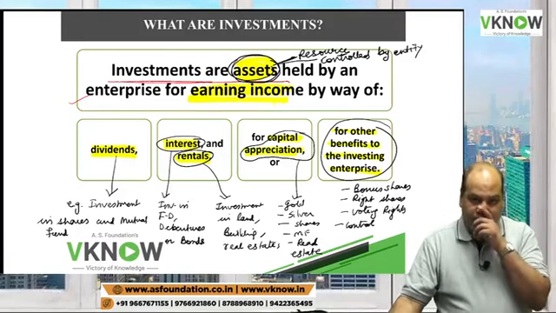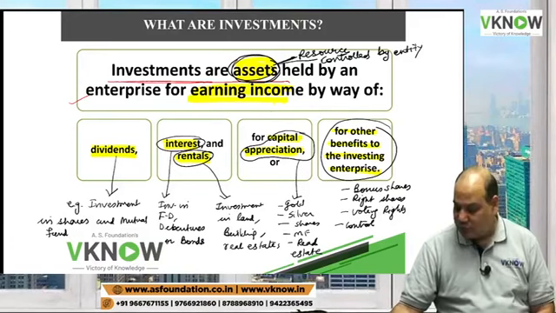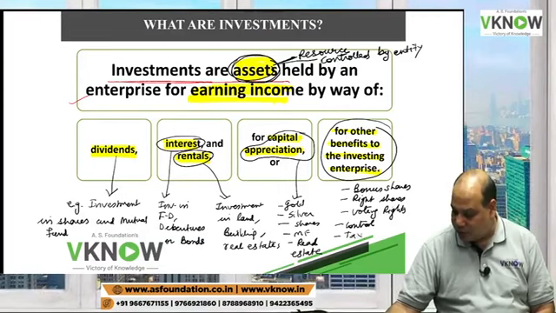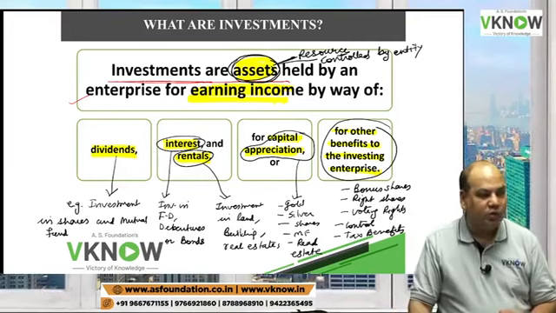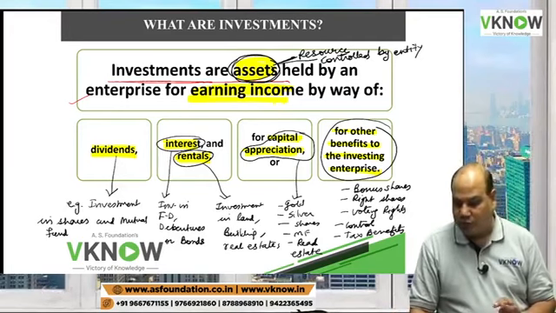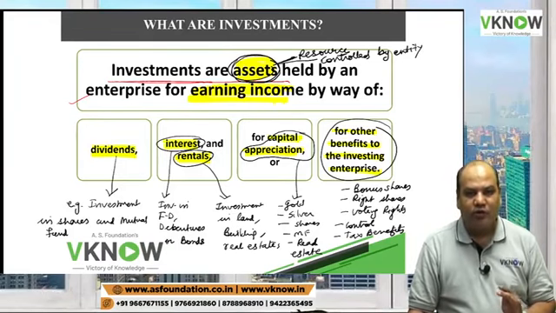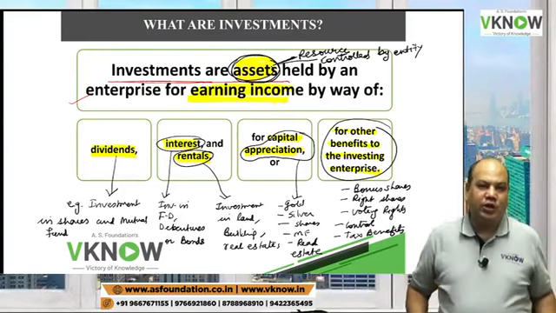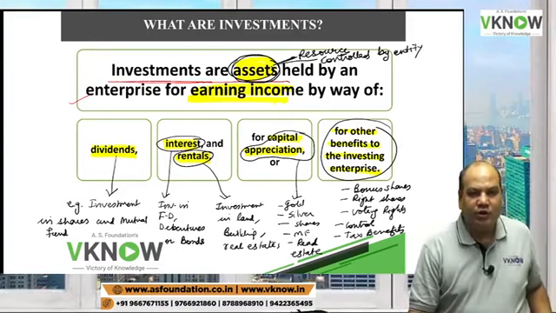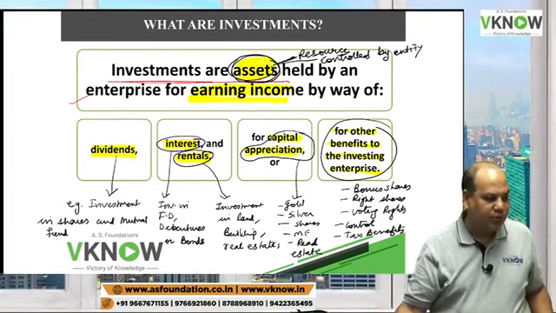So these are other benefits of holding the investment. There are tax benefits too. So let us revise. The purpose of holding investment is to earn dividend, interest, rental, capital appreciation, or for other benefits. Investments are assets which are held by an investor for these purposes.